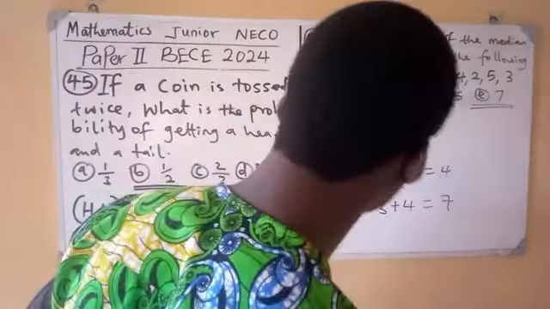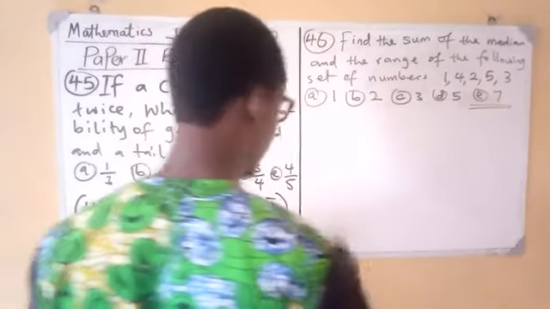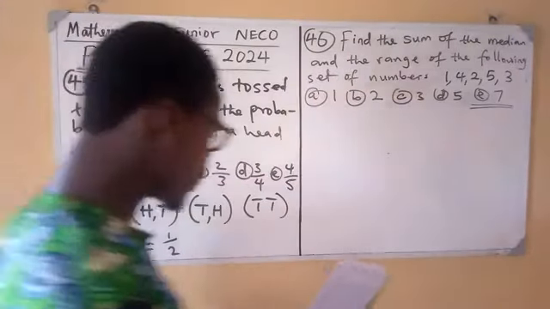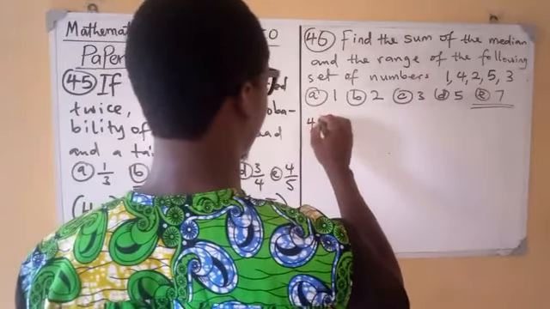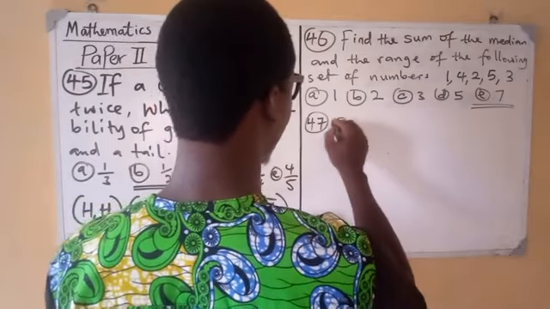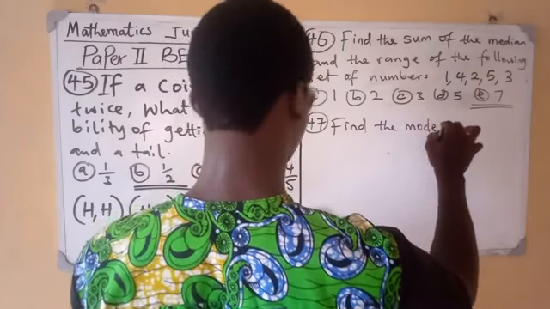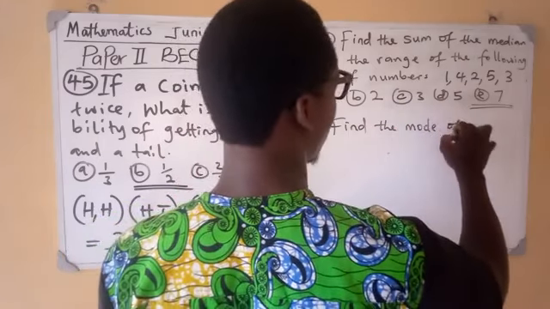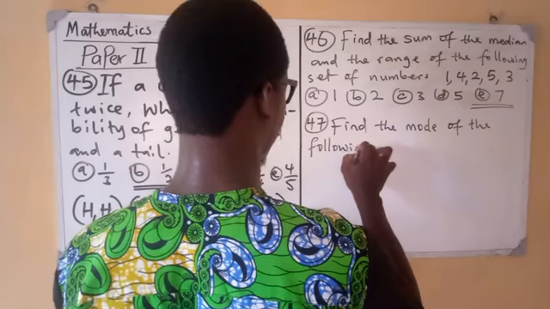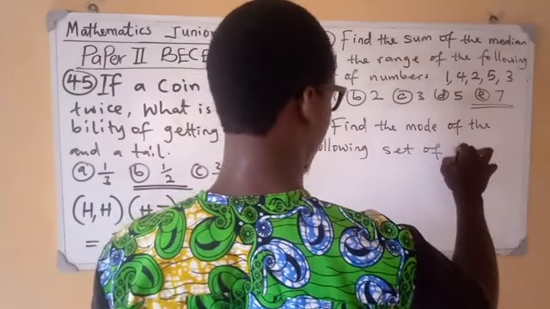All right, so let's take the next question, question number 47. It says, find the mode of the following sets of numbers.